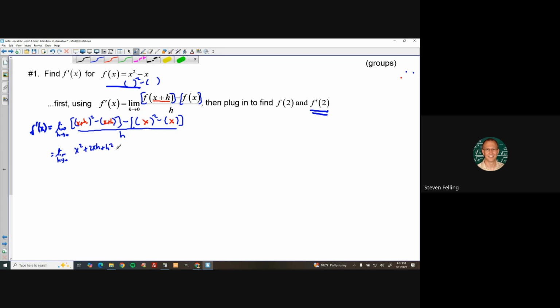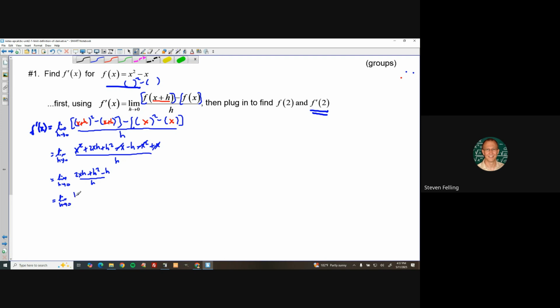Distributing this negative would be negative x minus h, and then distributing this negative is negative x squared plus x, over h. And then we can cancel some things here. This x squared cancels the negative x squared, and the negative x cancels the positive x. So this is equivalent to the limit as h approaches 0 of 2xh plus h squared minus h, over h. And we could factor out an h on the top and bottom now.